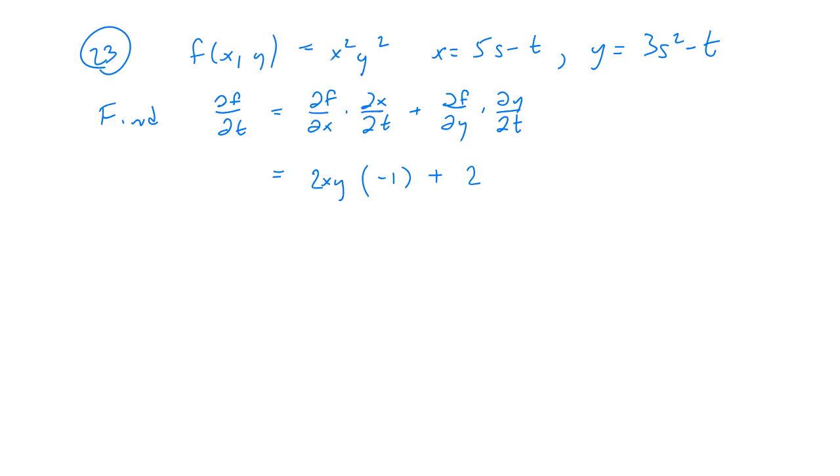Oops, and I lost the squared. They asked just for this, but let's say s is equal to 1 and t is equal to 1. Just to see how it works. Suppose I want to find the partial derivative of f with respect to t when s and t are both 1. In this case, directly that doesn't come up because partial derivatives are just numbers. But what is x and y?